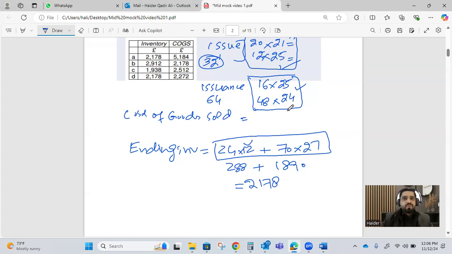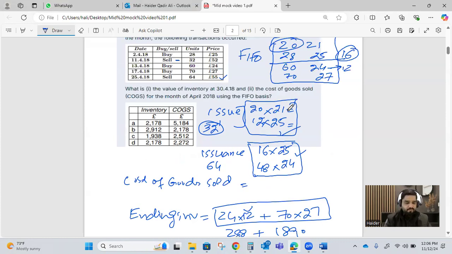So 20 times 21, I'm using my calculator, is going to give me 420 for this. And then 12 times 25 is 300. 16 times 25 is giving me 400.